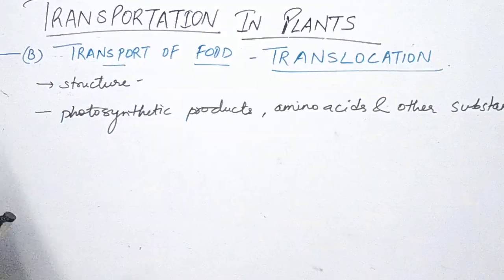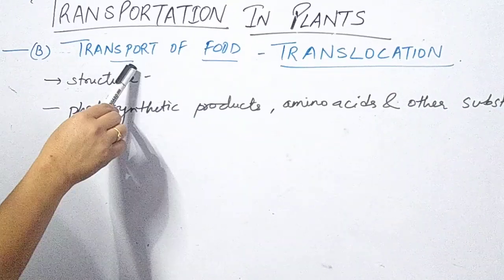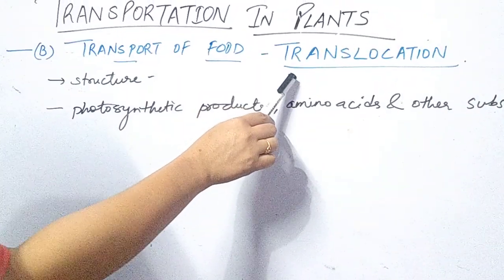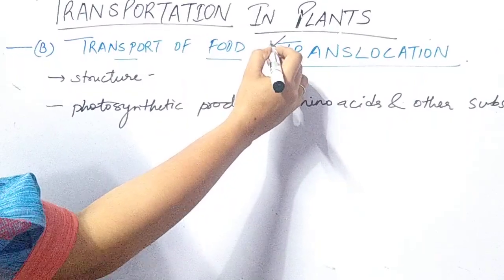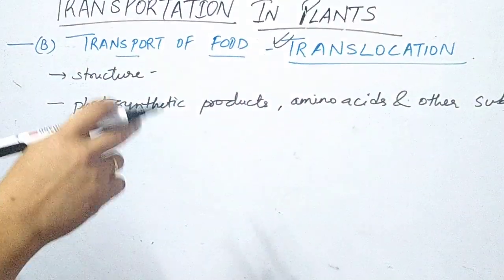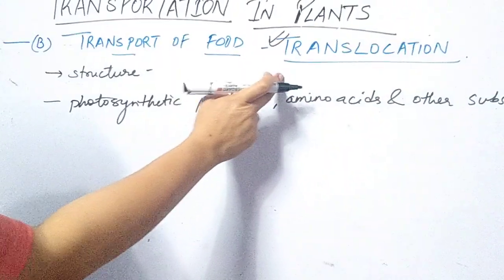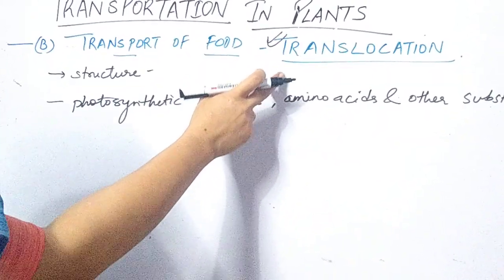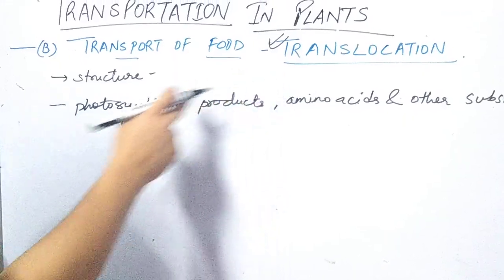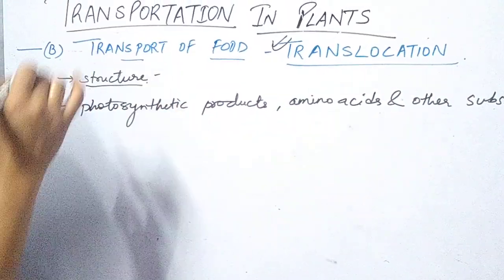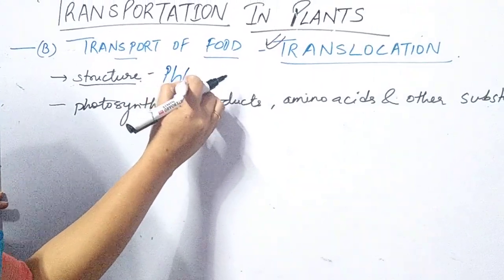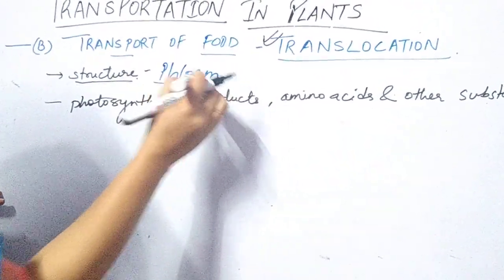Next, let us discuss, after the transportation of water, the transport of food. The transport of food is called translocation, and it is defined as the transport of food from leaves to each and every plant cell. The structure which helps in translocation, as we have discussed, is phloem, the complex tissue.